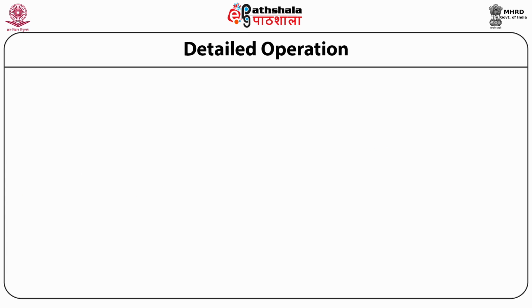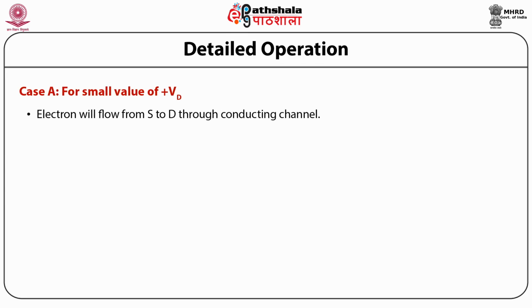So students, now the MOSFET enters into the inversion condition. For Vg greater than Vt, there are various cases. Let us take the first case, where a small positive drain voltage is applied. Here the electrons will flow from S to D, that is from source to drain, through the conducting channel.